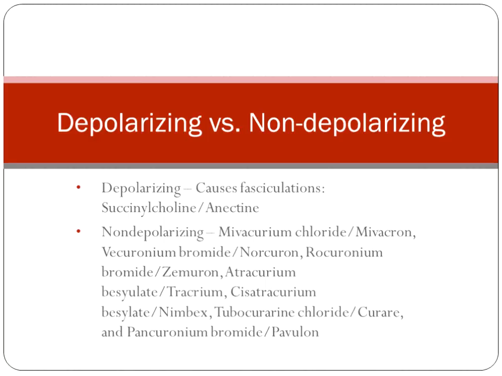Depolarizing versus non-depolarizing neuromuscular blocking agents. The one depolarizing neuromuscular blocking agent is succinylcholine or Anectine. The one classifying factor with this drug is the fact that it causes fasciculations, kind of a clonic type seizure activity by the patient.